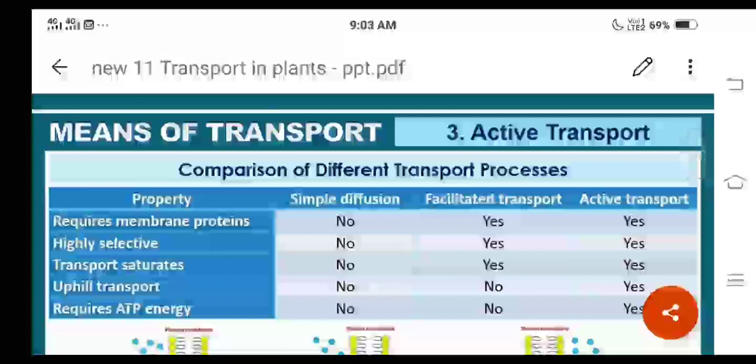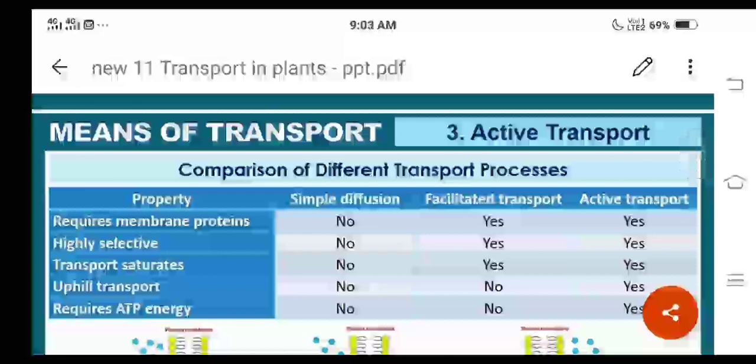One more property is uphill transport. Simple diffusion we don't consider as uphill transport. It is a downhill transport, because the movement of substances takes place from higher concentration to lower concentration.